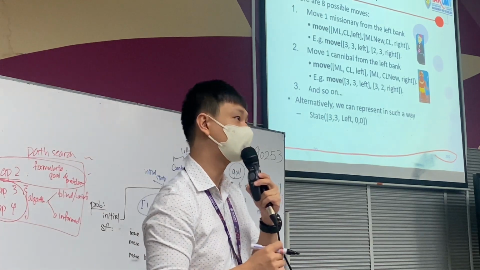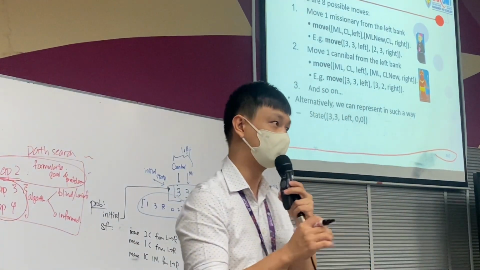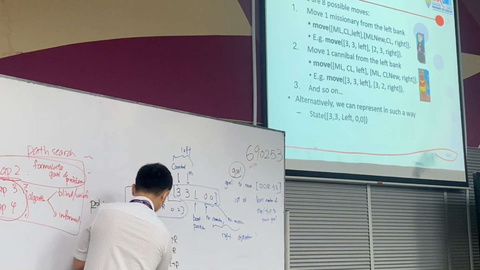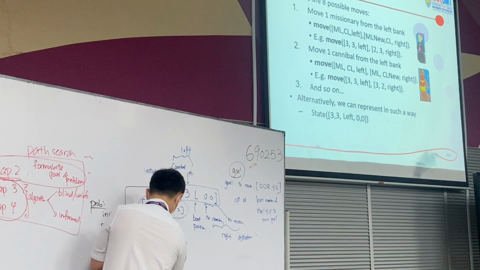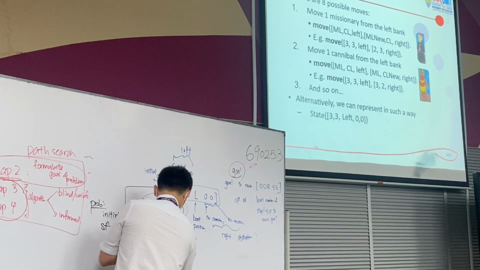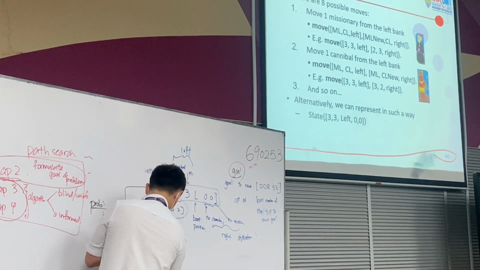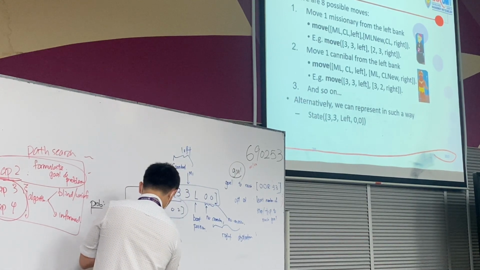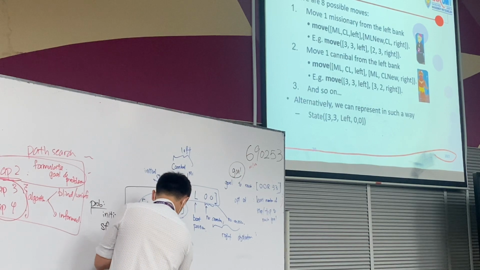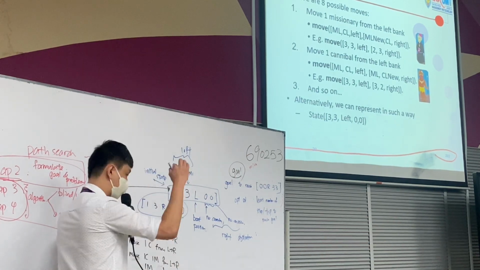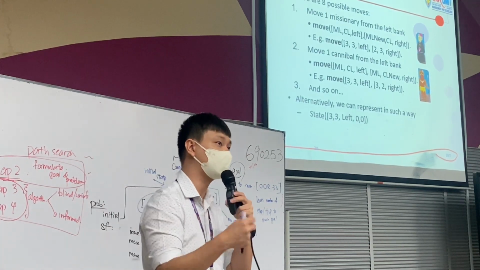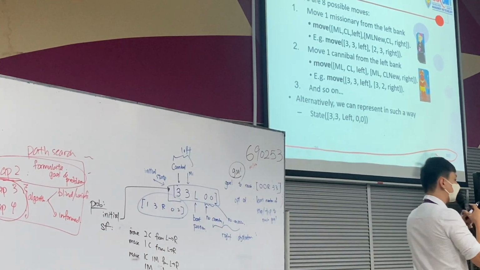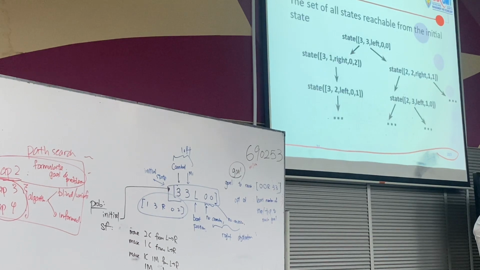Is that clear? Then you can move two cannibals from right to left, and so forth. So you have so many successor functions. You have to define them in your coding later. Okay, so that is your successor function.